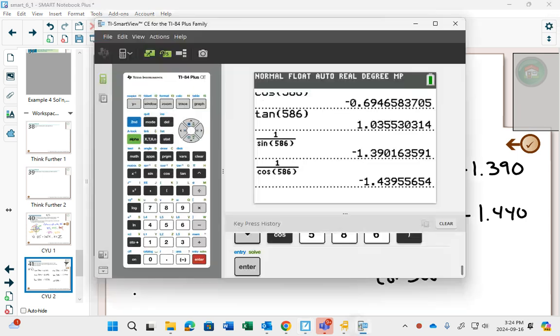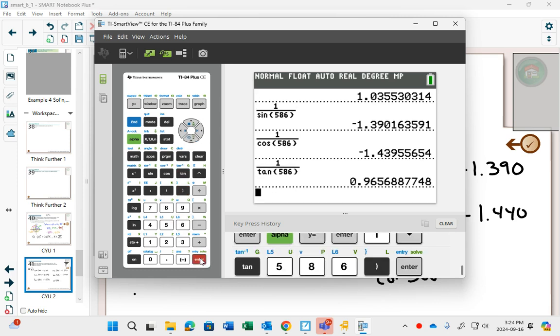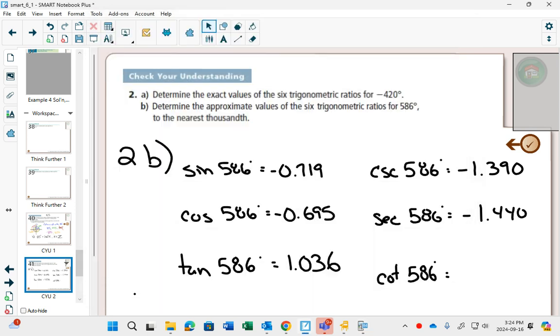And does it make sense that if tangent is positive, when I do 1 over tangent, I get a positive answer still? 0.966. I'll just write a note here.